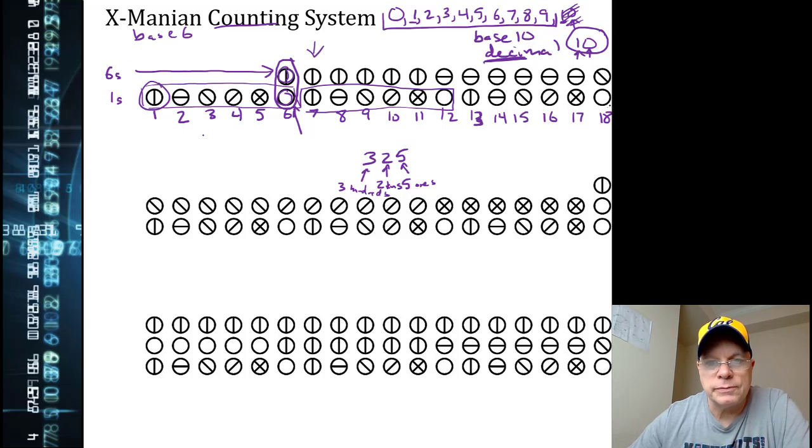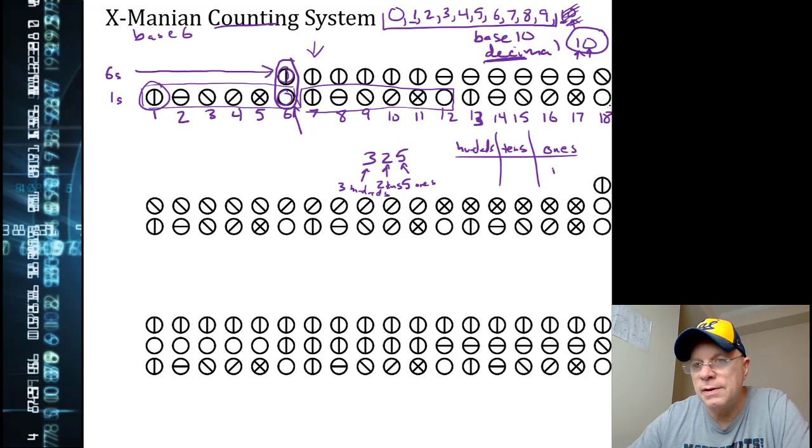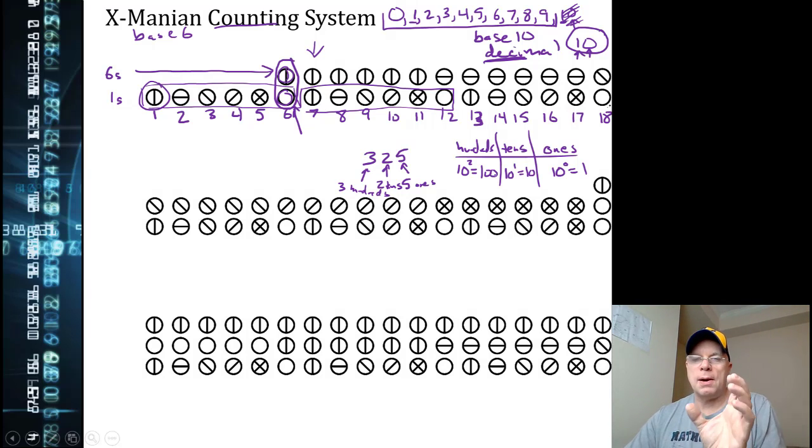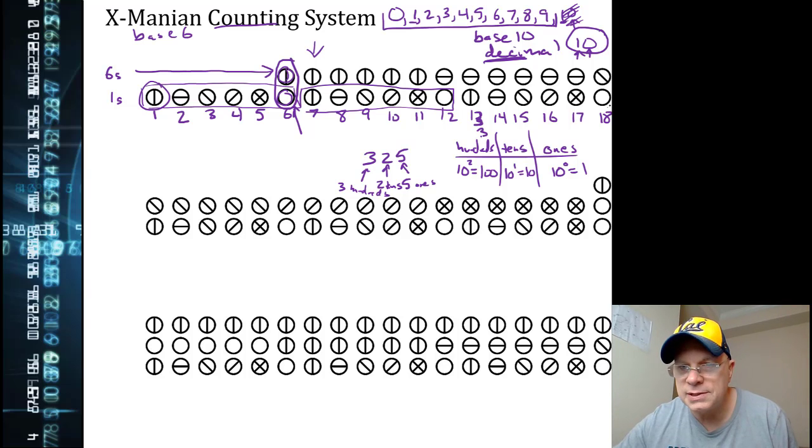But the reason our number system is 1s, 10s, hundreds, and then thousands is because with base 10, 10 to the 0 power is 1, 10 to the first power is 10, and 10 to the second power is 100. So when you see a 325, it's telling you have 5 ones, 2 tens, and 3 hundreds.